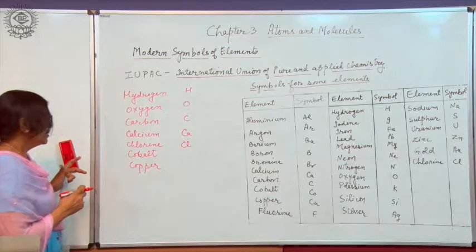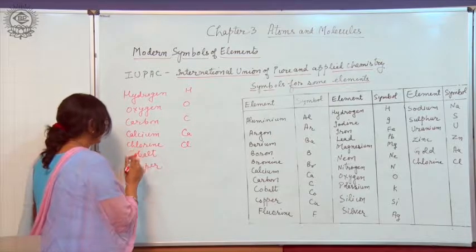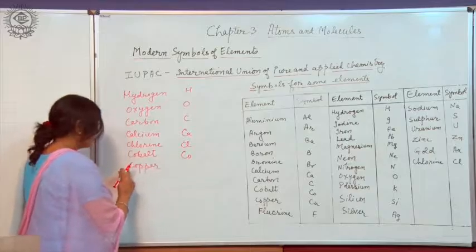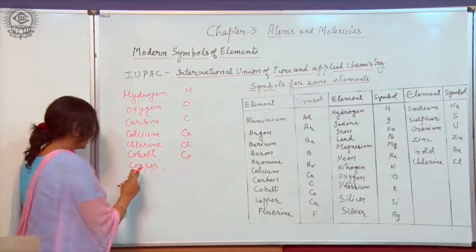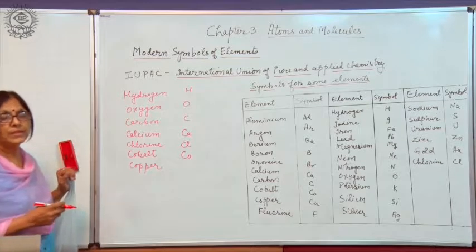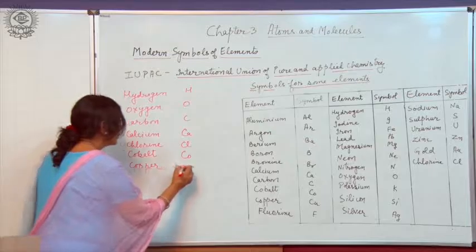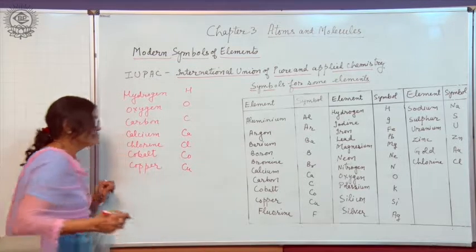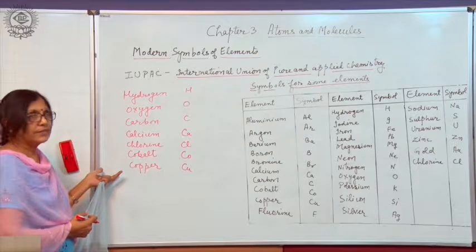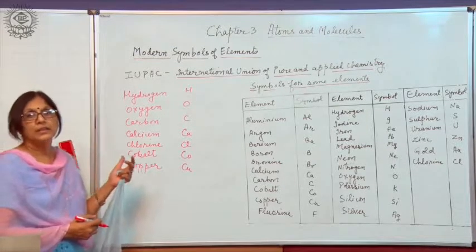Never write C and L in capital. Cobalt, here first two letters Co, o is small letter. Copper. Now in this case the symbol is derived from its Latin name cuprum, so its symbol is Cu. So like this the symbols were derived, some from their names and some from their Latin names.